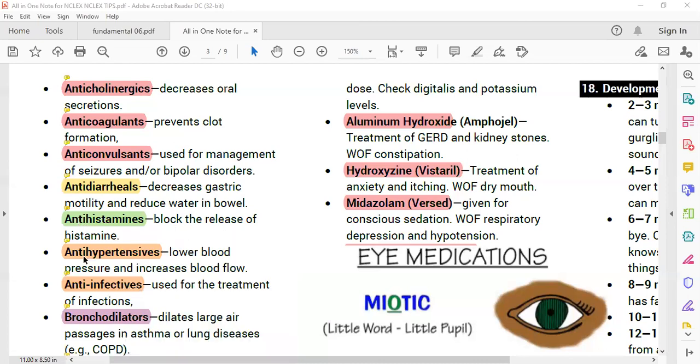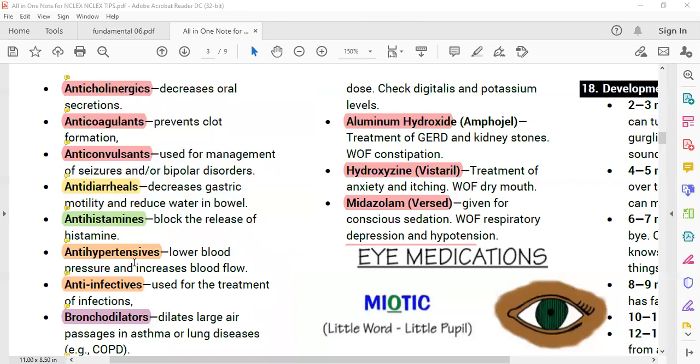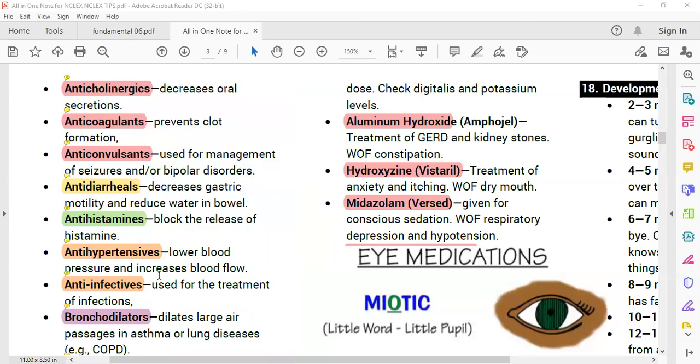Other groups of drugs are called anti-hypertensives. Everybody knows, right? For anti-hypertension, there is a long group of drugs we use. Anti-hypertensive means they lower the blood pressure and increase the blood flow.